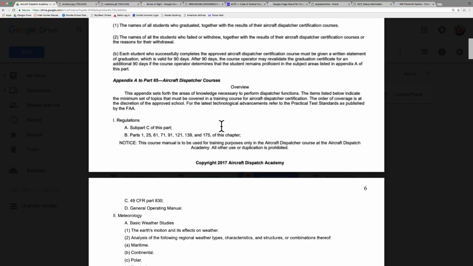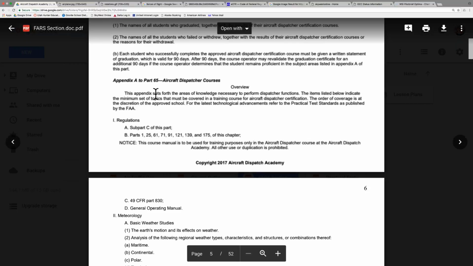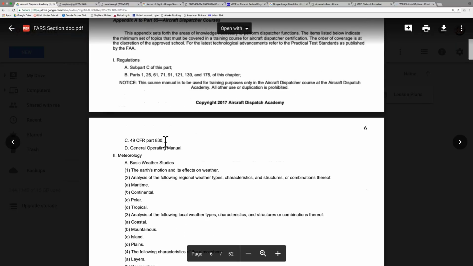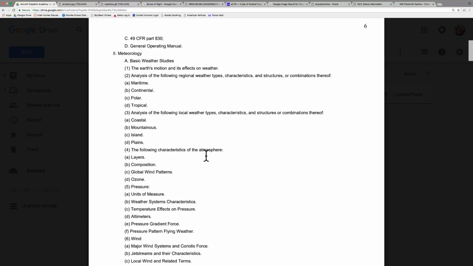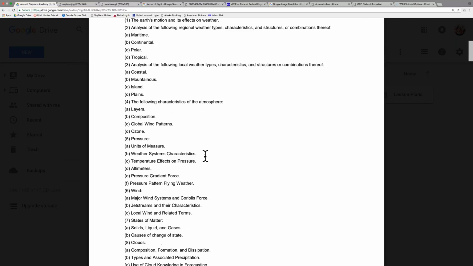You can look up this FAR, Title 14, Part 65, Subpart C, and you can look at this Appendix A and see everything that you need to know about. That being said, I'm not going to spend a whole lot of time reading everything that we're going to go over.